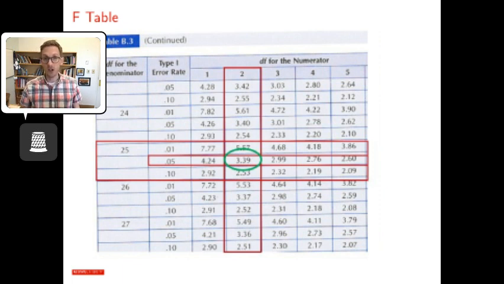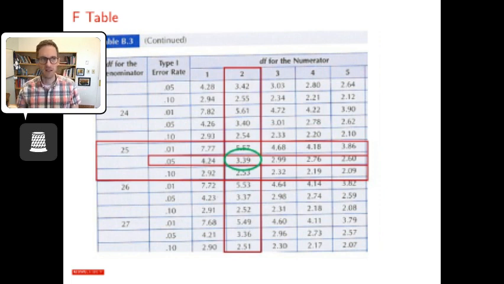But there are tables that will show you, and I just wanted to show on this slide that you have to know the degrees of freedom for the denominator. So that's n minus k, or the sample size minus the number of groups, and the degrees of freedom for the numerator, and that's just the number of groups minus 1. And so let's say that we're at 25 and 2 respectively, and we had a type 1 error rate of 0.05.